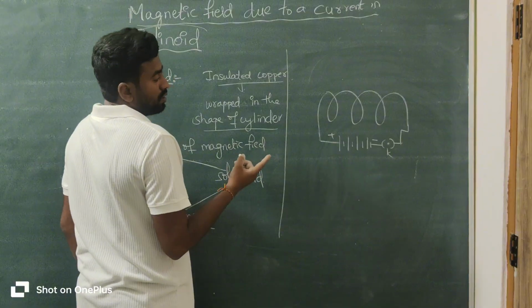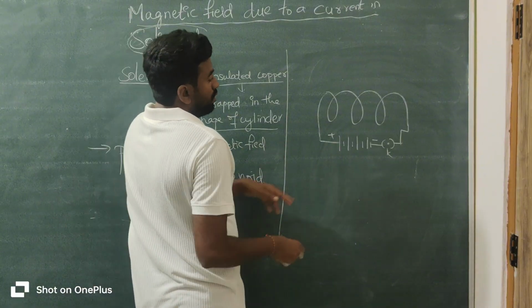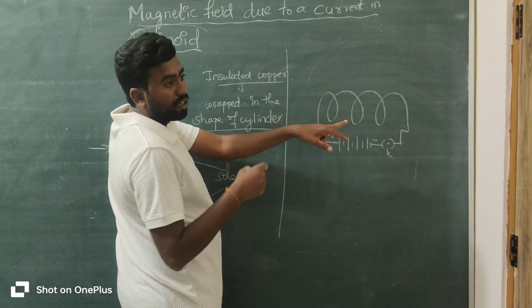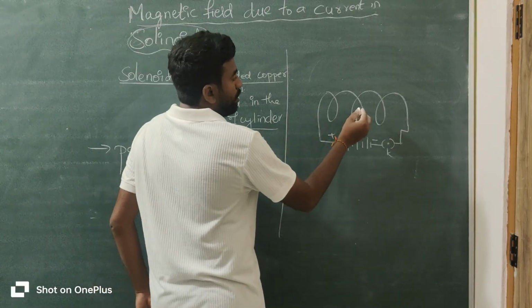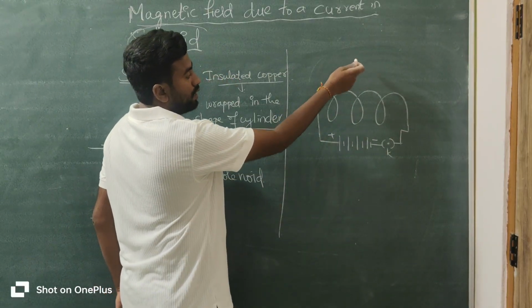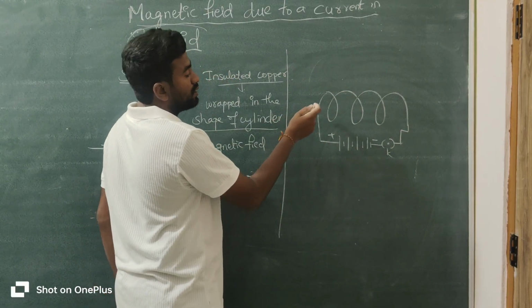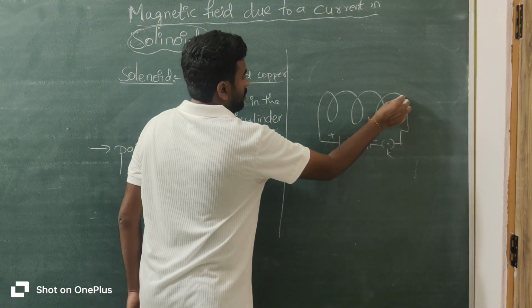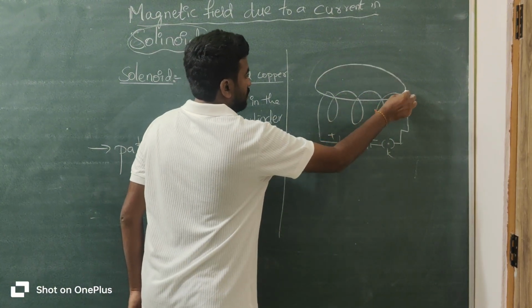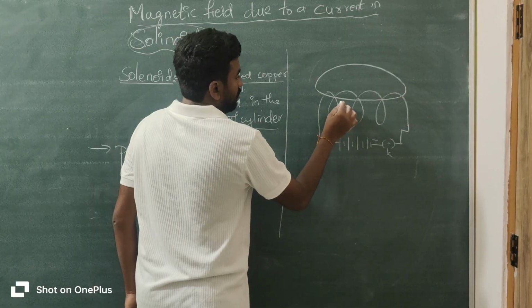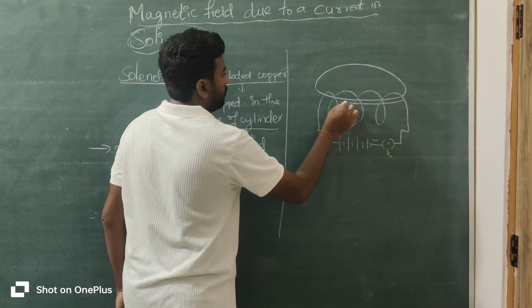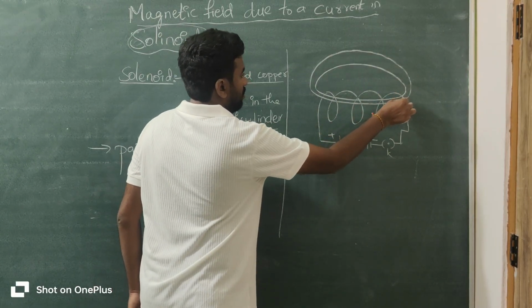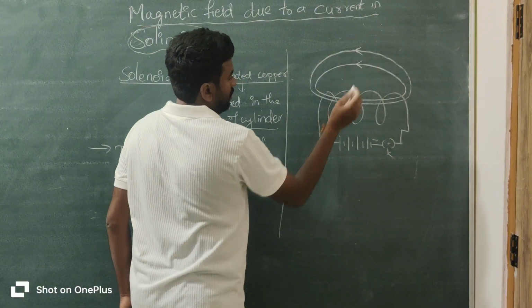Now let us understand. We already discussed the magnetic field in a circular coil. In a circular coil, we form concentric circles at the extreme ends and straight lines at the center of the coil. Here, one more in this direction.